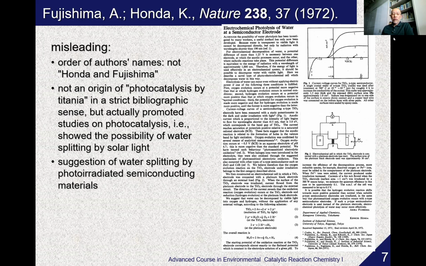That is the most important. Nobody knew such a positive delta G reaction could proceed by using photoirradiation. So therefore, it is very, very important. And this may solve the problem of energy. That is, solar energy can be converted into chemical energy. So therefore, this is the starting point.